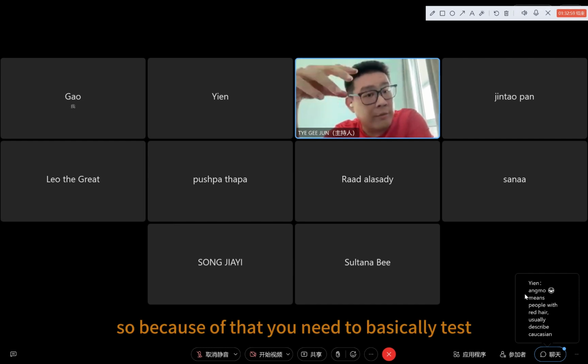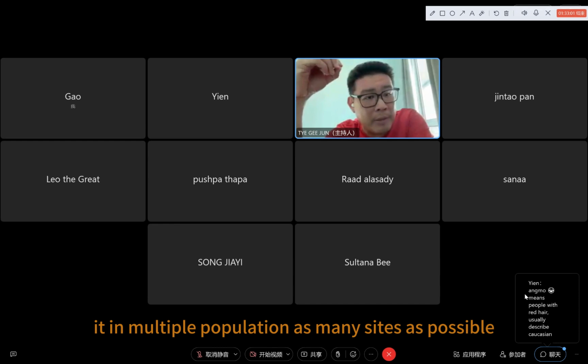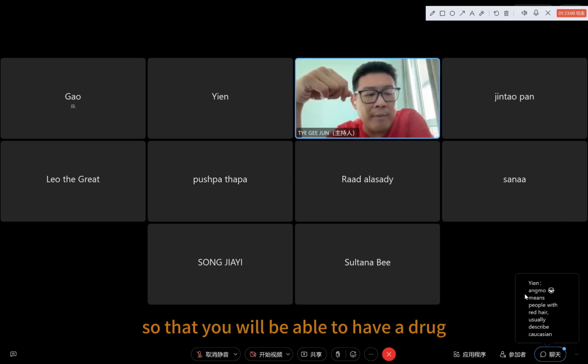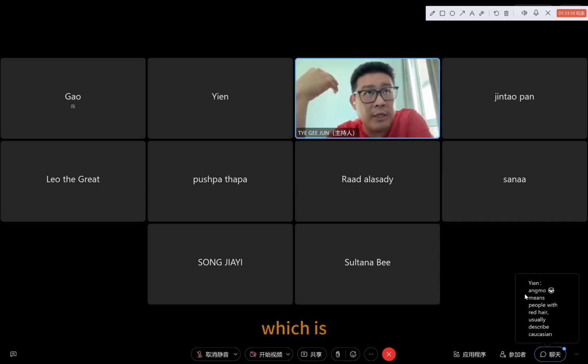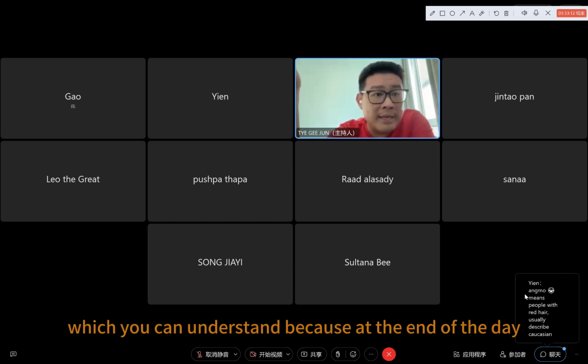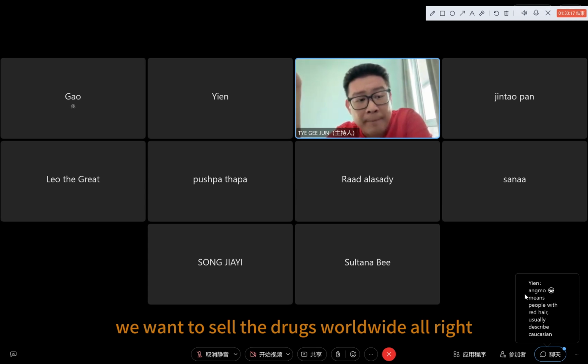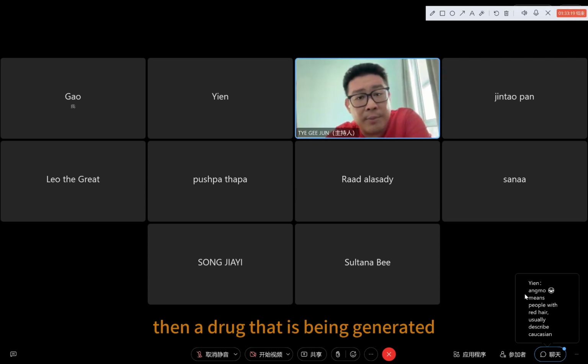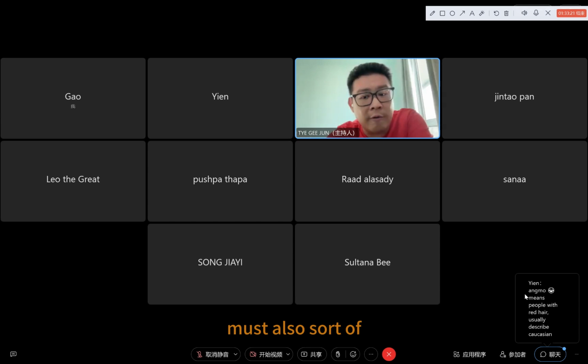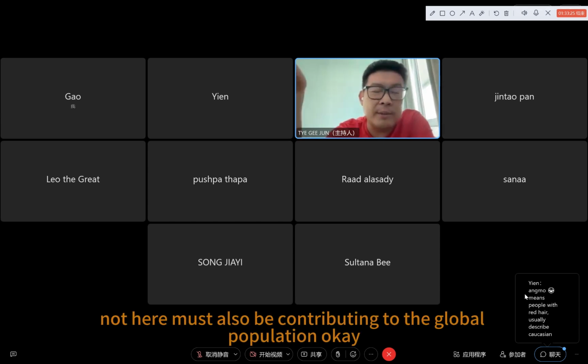Because of that, you need to test it in multiple populations, at as many sites as possible, so that you will have a drug you can understand, because at the end of the day, pharmaceutical companies will want to sell the drugs worldwide. And a drug that is generated must also be contributing to the global population.